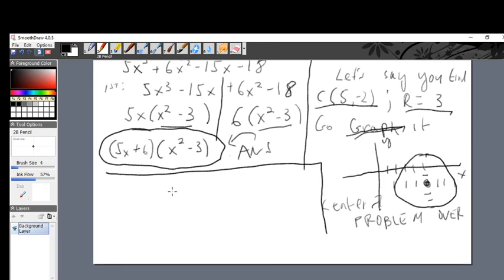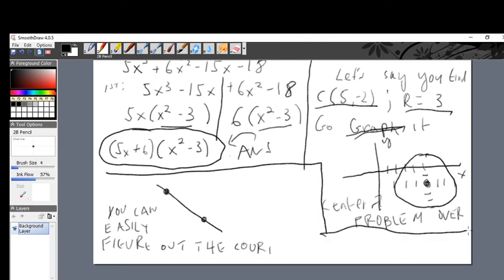What if they give you a line and they say, here's 2 points on this line, and you can easily figure out the coordinates of these 2 points.